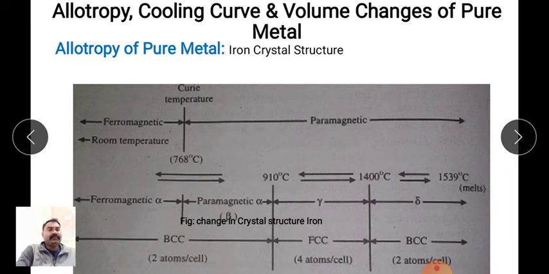Then from 1400 to 1539 degrees Celsius, delta ferrite is present, which shows the BCC structure, that is body centered cubic, containing 2 atoms per unit cell.